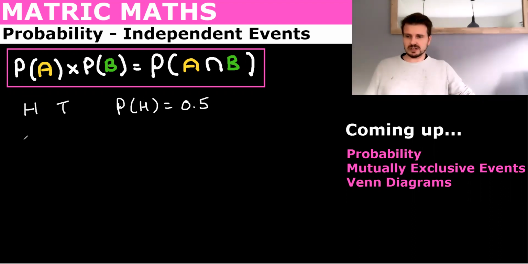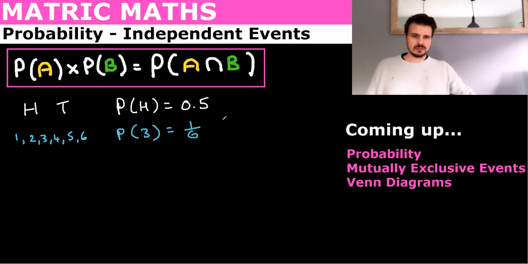You've got either 1, 2, 3, 4, 5, or 6 happening. So the probability of throwing, say, a 3 is going to be 1 out of 6.